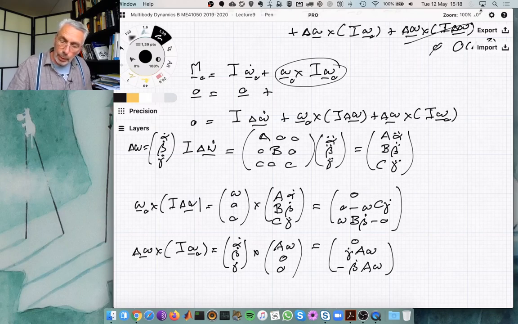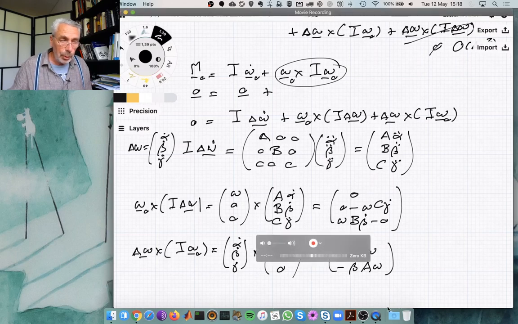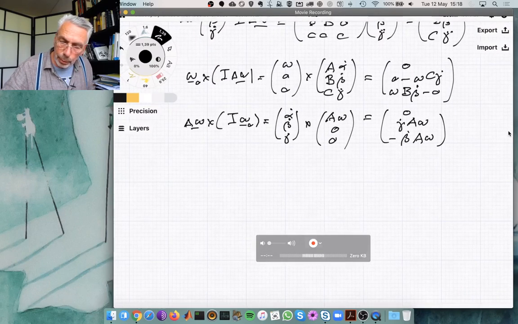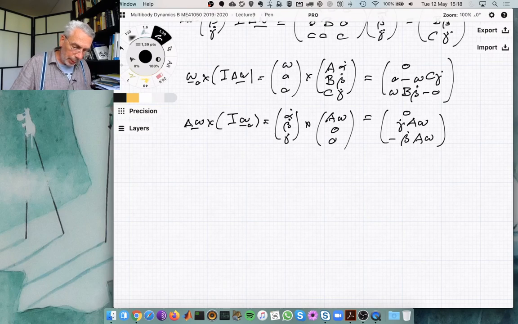Okay, then we have to add up these two terms and make a nice equation out of that. So if we reorder all the terms and put that together, then what do we get?